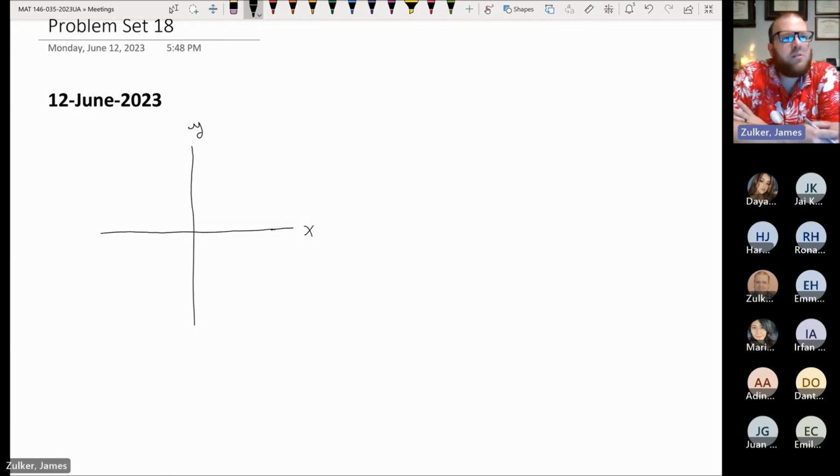Typically speaking, when we think of an angle, it is generally being measured relative to the positive x-axis.